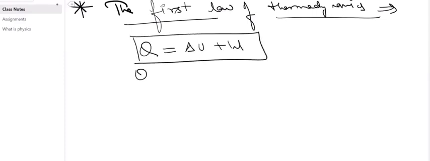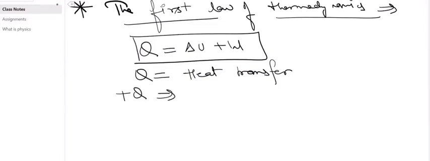Now what is Q here? Q basically means heat transfer. If we have plus Q, it tells us that the heat transfer is happening from the surrounding to the system.